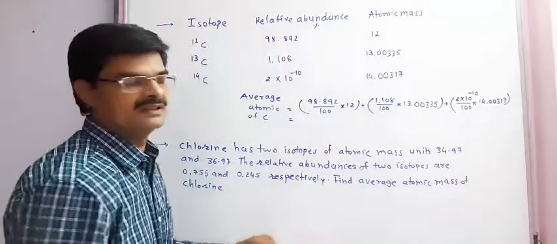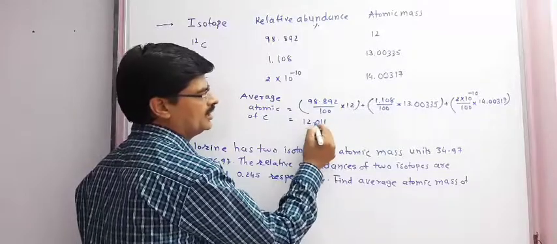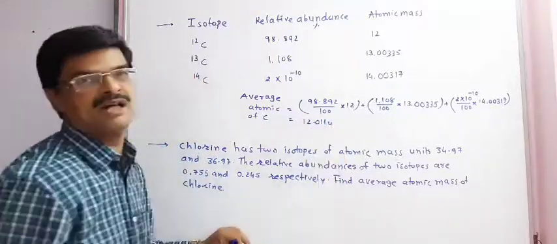On solving this, we will get the average atomic mass of carbon to be 12.011 unified mass.